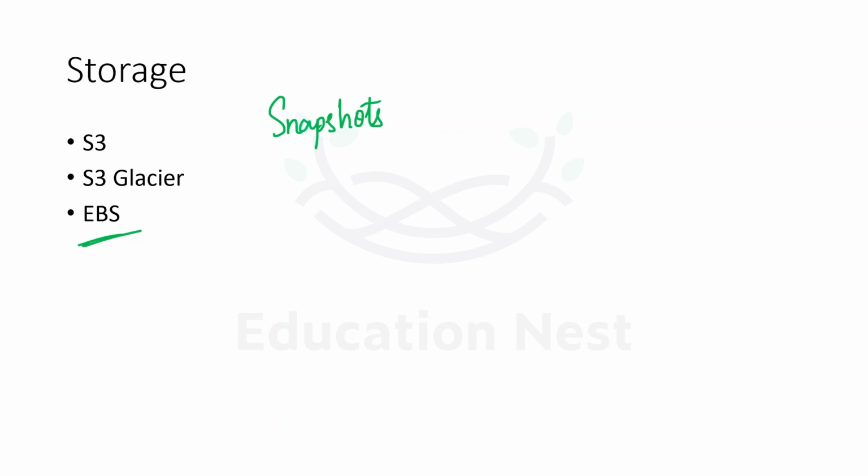These are point-in-time backups of EBS volumes. You can create the EBS snapshots manually, or you can automate the process using the AWS Backup service. Snapshots can be used to restore an EBS volume in the event of a disaster.